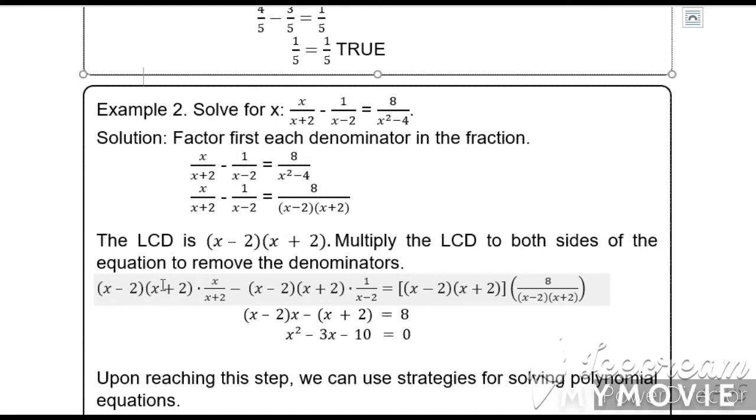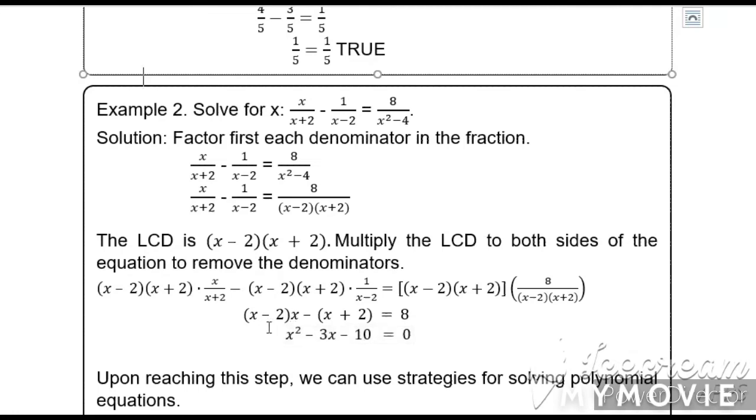So x plus 2 here will be eliminated. So this will become x times x minus 2, minus, x minus 2 here divided by x minus 2 becomes eliminated, so the remaining is x plus 2 times 1, that is x plus 2, equals, the denominator here and the LCD can be eliminated also, so the remaining is 8.